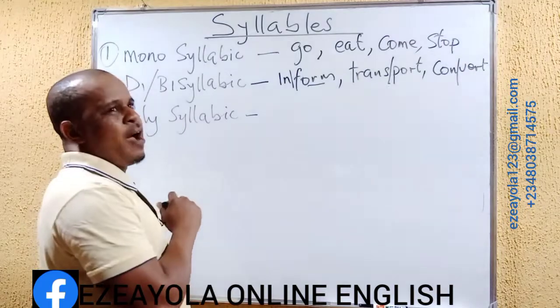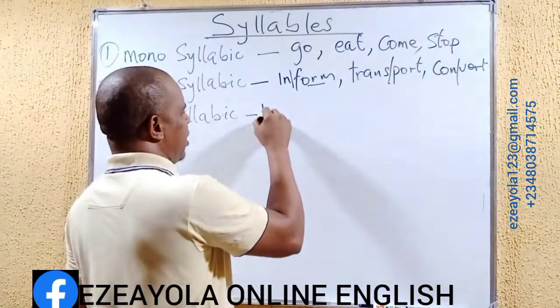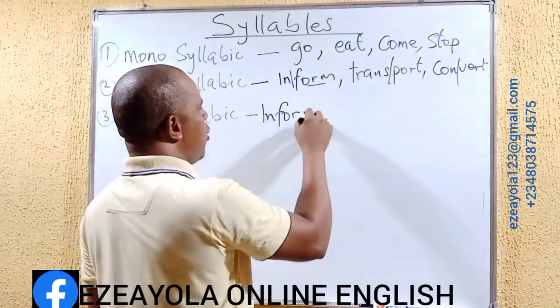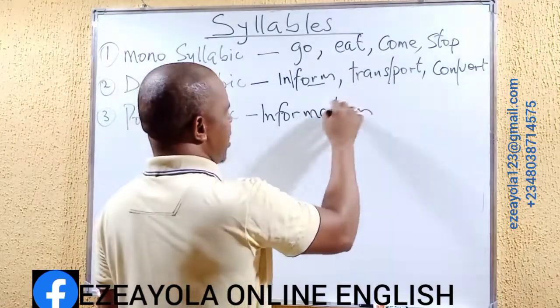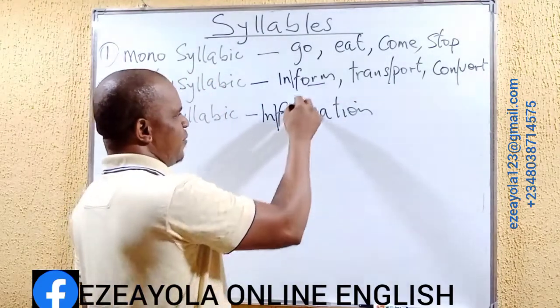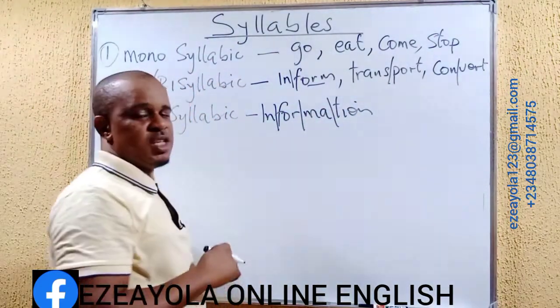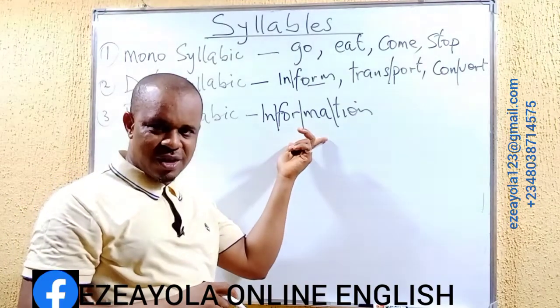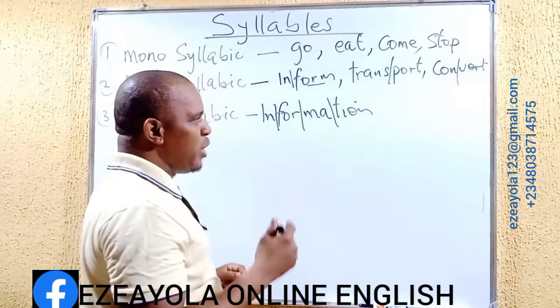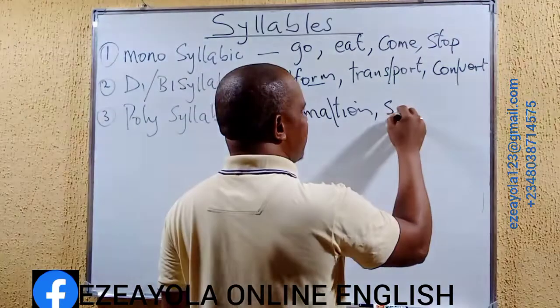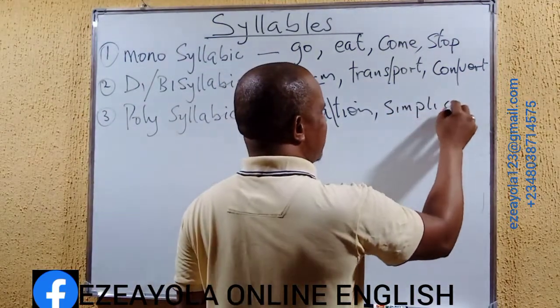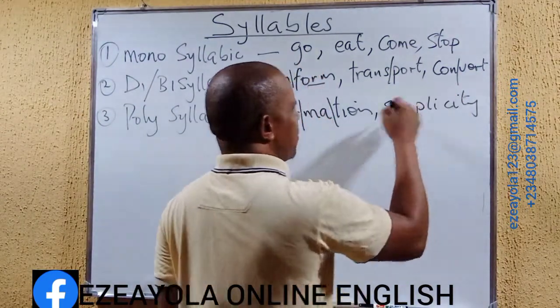So, if we have words like information, all right? This is a word of what? 3 syllables. We could have something like simplicity, all right? Simplicity.